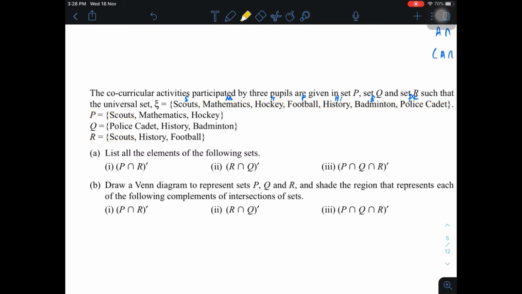Then we will want to understand the complements of R intersect Q. So what's the intersection between R and Q then? The intersection of R and Q is history. And that's all. So what we want is everything except history.